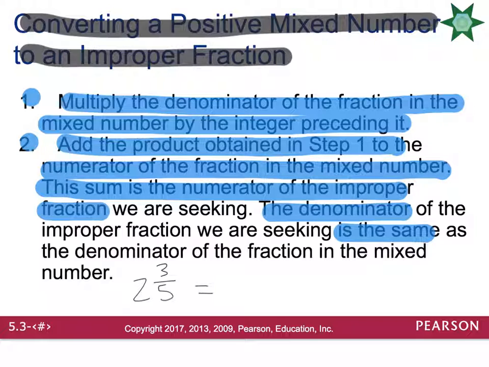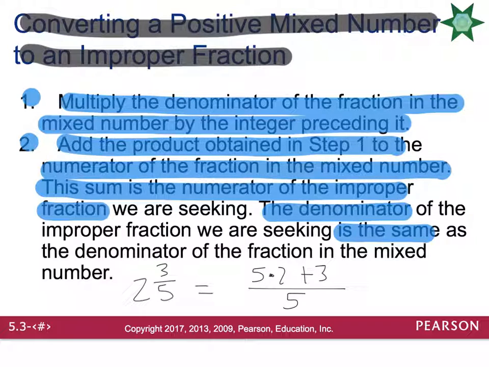So what I have is 5 times 2. I'm going to use a dot for times. And then plus 3, add the numerator. And then we would just carry over the denominator of 5.